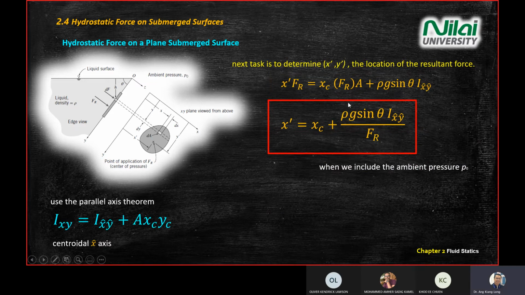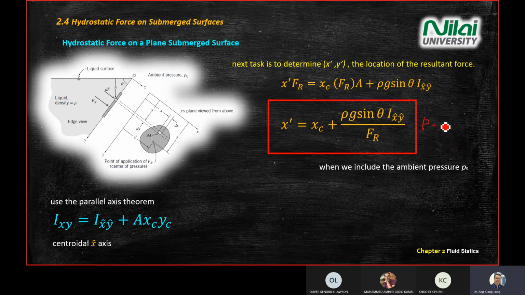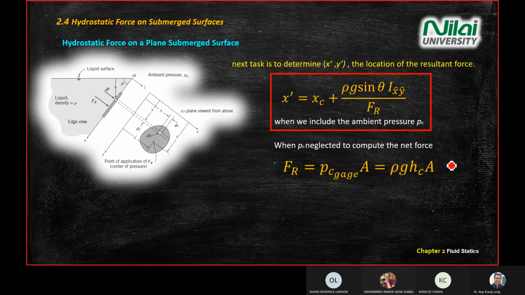So the equation on the screen here is F_R, which includes the P equal to P0 plus rho g h. So again, if we have a case where we ignore the reference pressure effect, which is P0, then we will use gauge pressure.